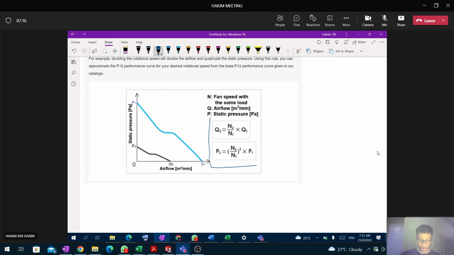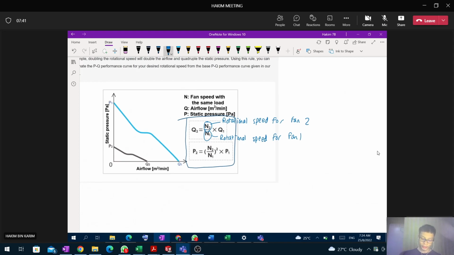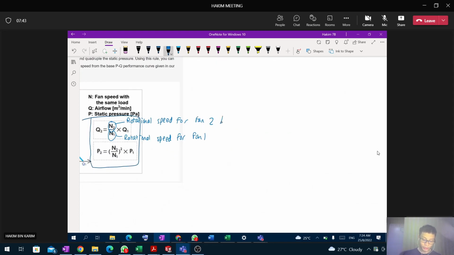to make some relation. So N2 is basically the rotational speed for fan 2. N1 is the rotational speed for fan 1. Or it can also mean rotational speed 1, rotational speed 2.